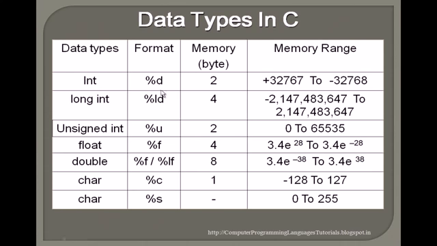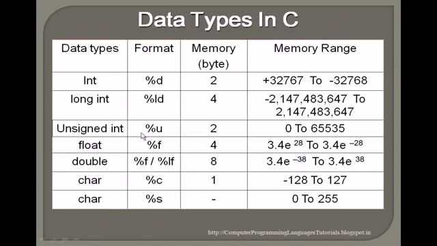Okay. If you have a big value, then you can use a long integer. Long integer has a format %ld for long decimal number. It allocates 4 bytes in memory, and it has this range. In this type also you can store a positive as well as negative value.